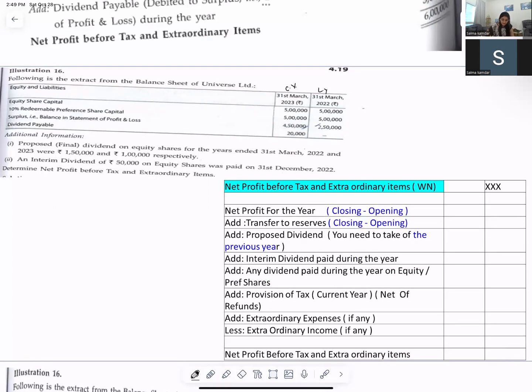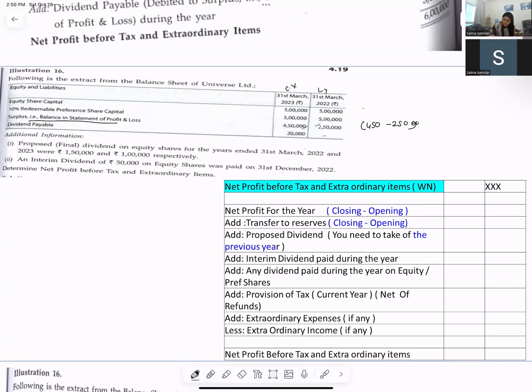You have equity share capital, you have preference share capital, you have surplus in the balance sheet. That means this is the retained earnings, or you could say this is the net profit that is shown in the balance sheet. Closing minus opening.